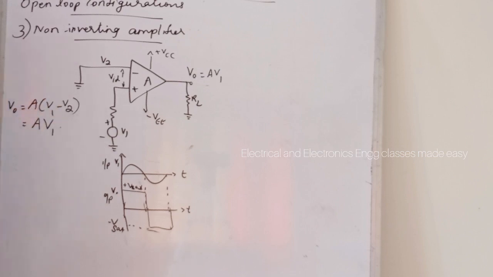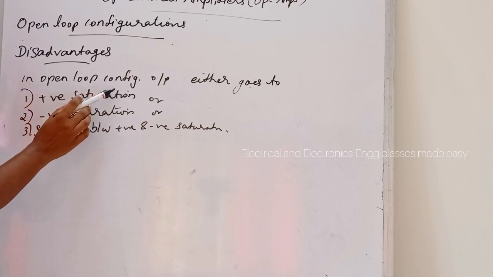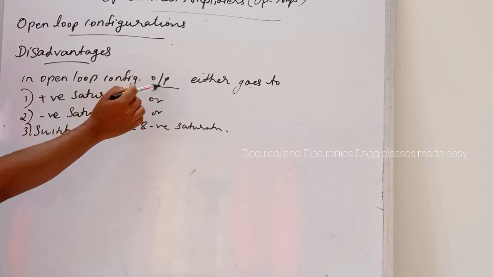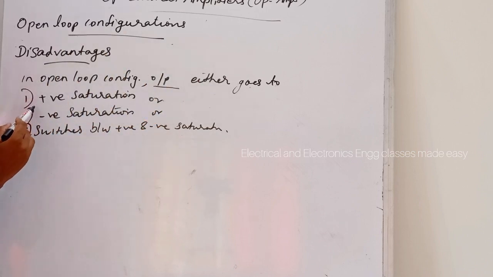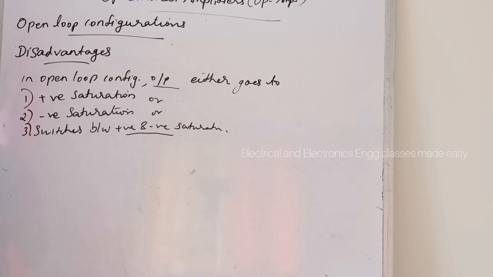Now let us discuss about the disadvantages of these open loop configurations. When an op-amp is operated in open loop configuration, the output either goes to positive saturation or negative saturation or switches between positive and negative saturation.